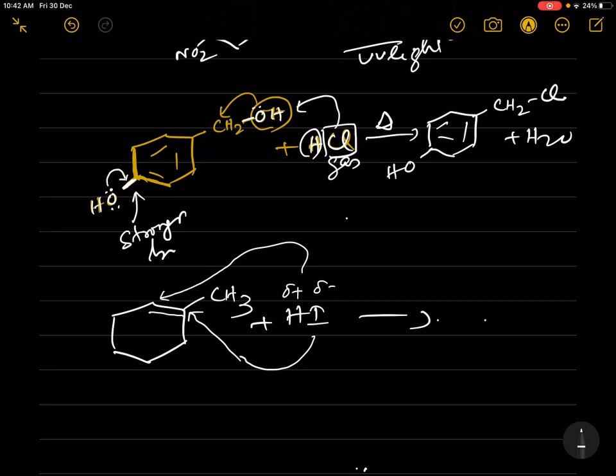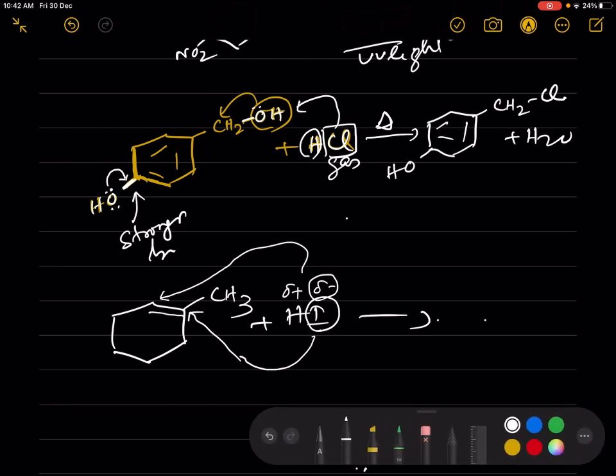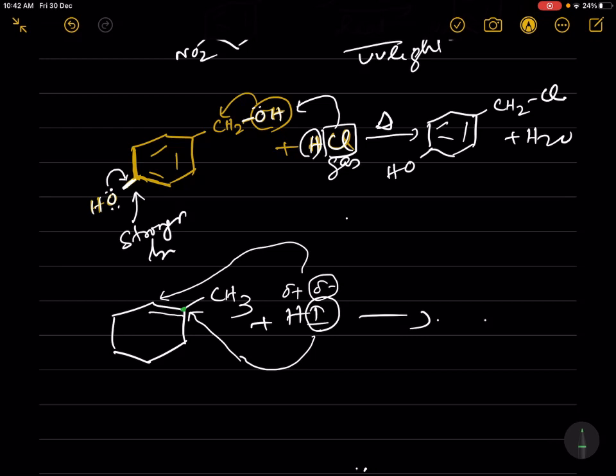I being electronegative is added to the carbon atom which contains less hydrogen. Here this carbon has no hydrogen, but this carbon has one hydrogen. So iodine prefers to attack the carbon atom which contains less hydrogen or no hydrogen, and H will prefer to attack the other part of the double bond.